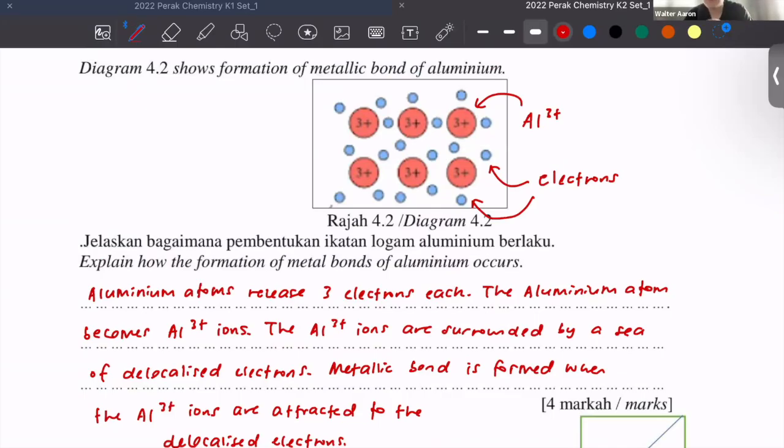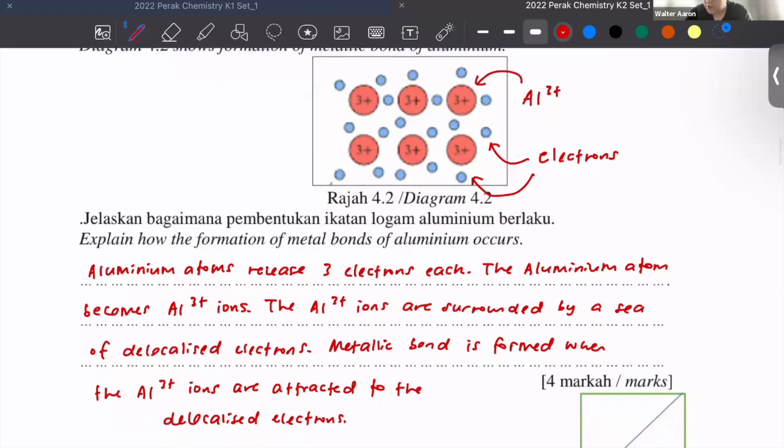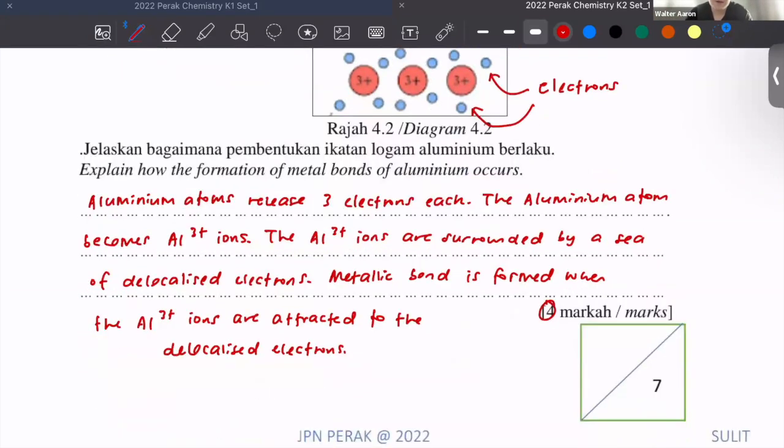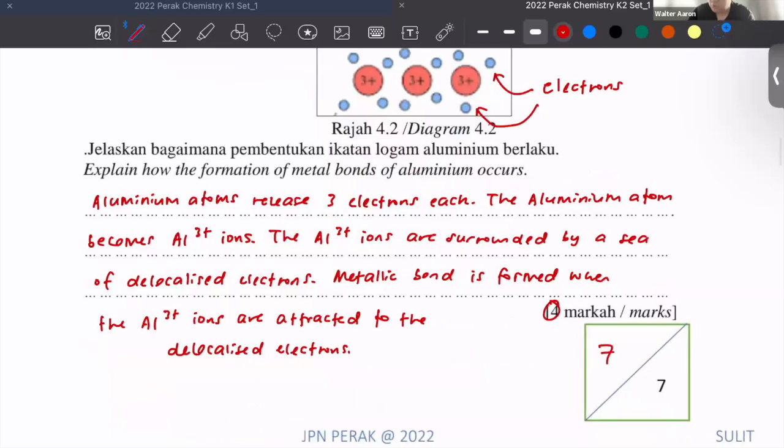But because there are delocalized electrons between the ions, the metallic bond is formed when the aluminum ion is attracted to the electrons outside, and it pulls them close to each other. So that's how metallic bond is formed. If you answer that correctly, you should get 4 marks for that, and the whole question will give you a total of 7 marks.